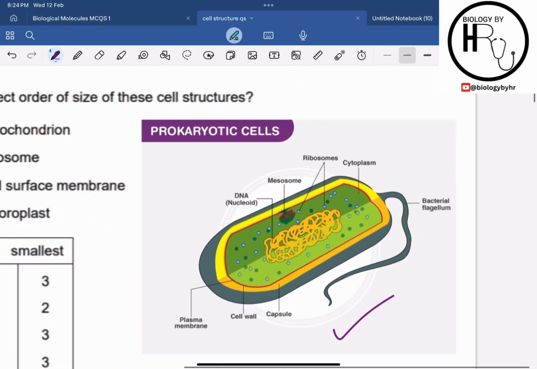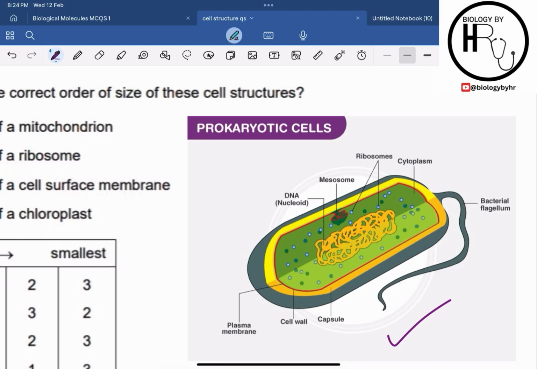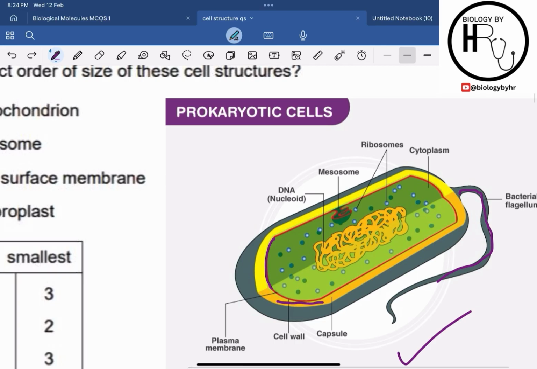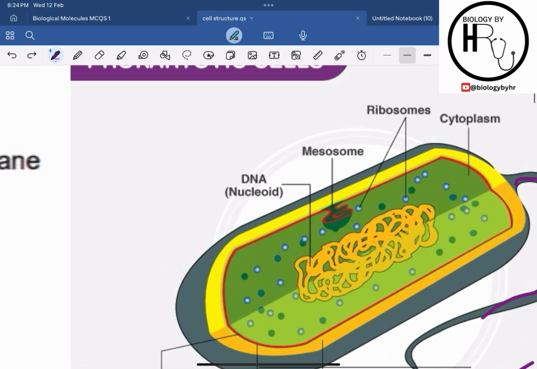Over here you can see the prokaryotic cell. This is the flagella, right? The flagella of the bacteria, which helps bacteria to do the locomotion, to move. This is the plasma membrane. Then this is the peptidoglycan. This is the capsule, the slimy capsule basically, right? And in this structure, if you can see, there are two lines.